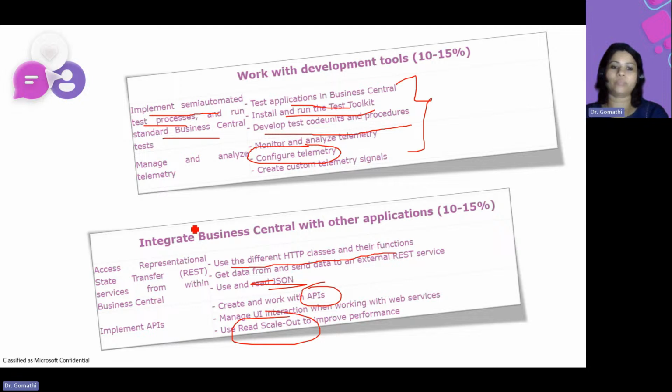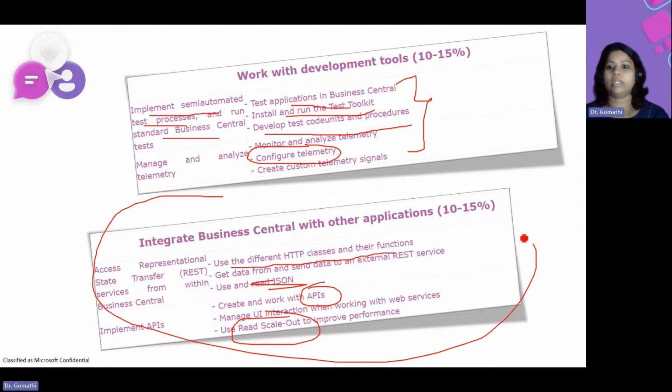This is of course important. Whether it's a case study or a hotspot question, you will definitely get at least 3 to 5 questions from REST API. At least 3, so be ready for that.